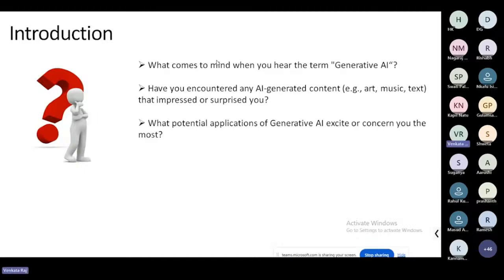Now, this question is very, very important for us. Nowadays, people specifically from the IT industry are thinking, is AI going to take away our jobs? The answer is no. Many people have this concern, guys.